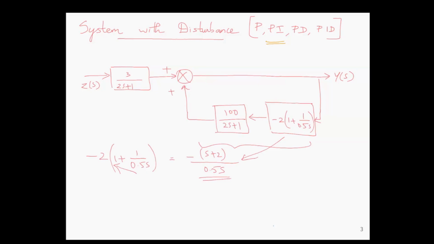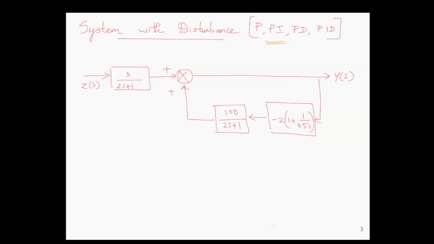Both the blocks are kept in series, so we just multiply them together. After multiplication, it will become minus 200 divided by s, into s plus 2 divided by 2s plus 1.